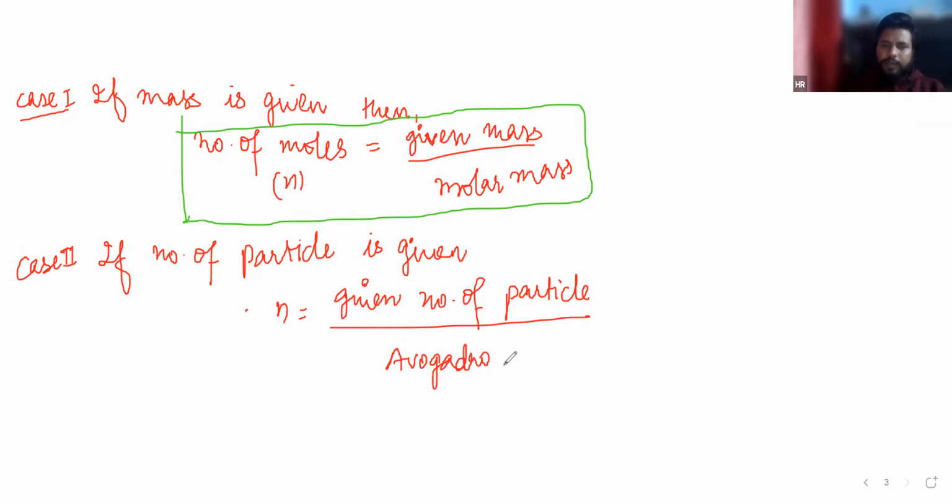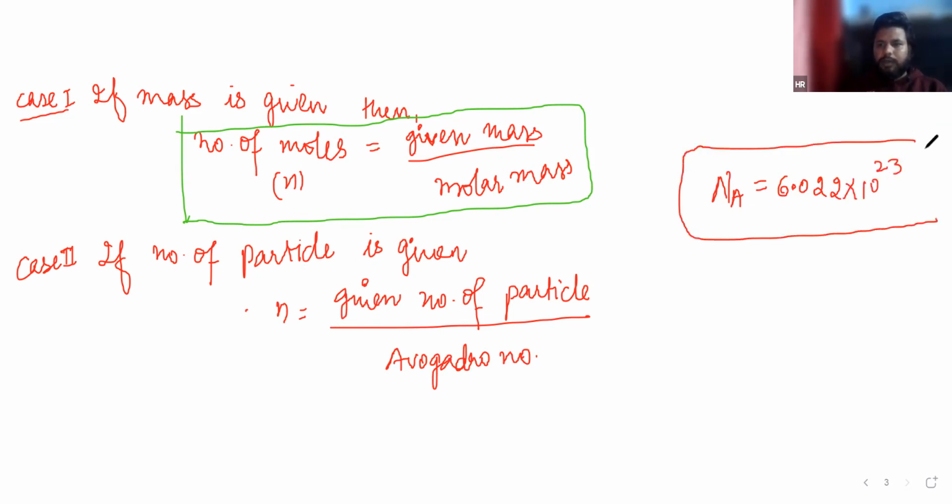Do you know what Avogadro number is? It is denoted by Na, which has a value 6.022 into 10 raised to the power 23.